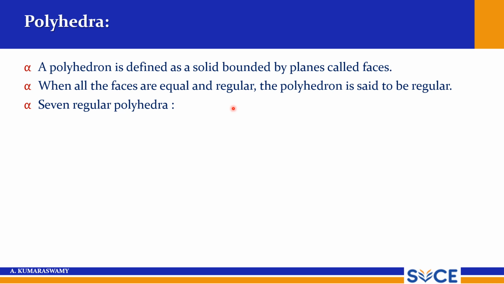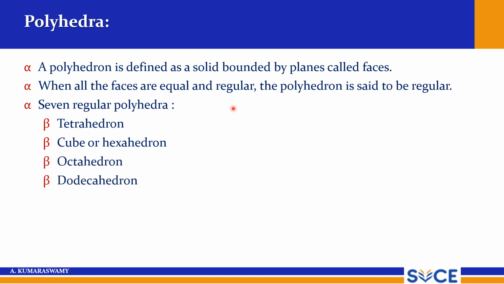Normally we are dealing with regular solids, and there are different polyhedra. There are 7 in particular: tetrahedron, cube or hexahedron, octahedron, dodecahedron, icosahedron, prism, pyramid. These are the 7 regular polyhedra we see in engineering graphics.